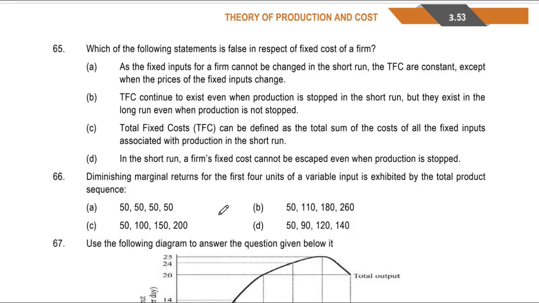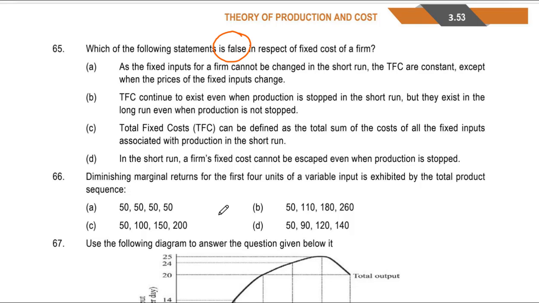Which of the following statements is false, not true, in respect of fixed cost of the firm. A. As the fixed inputs for the firm cannot be changed in the short run, the TFC are constant. Total fixed costs are constant except when the prices of the fixed input change.